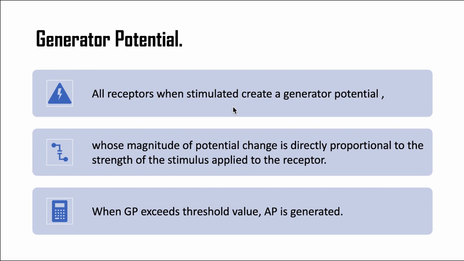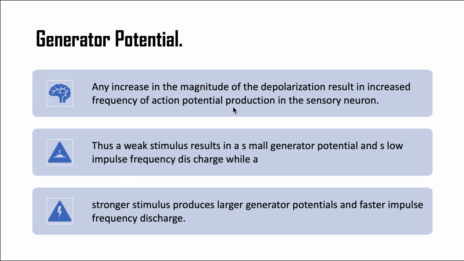When it exceeds the threshold value, an action potential is generated. Now, any increase in the magnitude of the depolarization results in an increased frequency of the action potential.